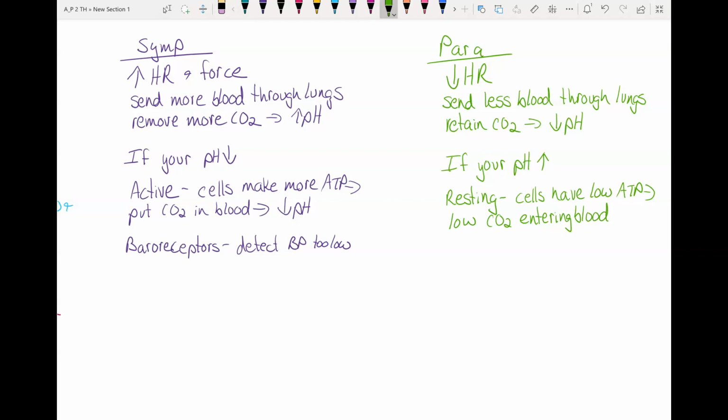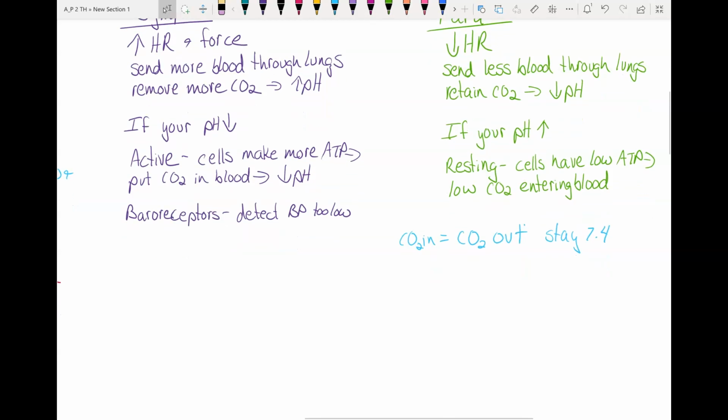If less is going in, you want less coming out. Your overall goal is to always have the CO2 in equal to the CO2 out. If whatever goes in equals what comes out, then you will stay at 7.4. So that's why when you're resting, you slow your heart rate. This would also be if the baroreceptors are detecting that blood pressure is too high.